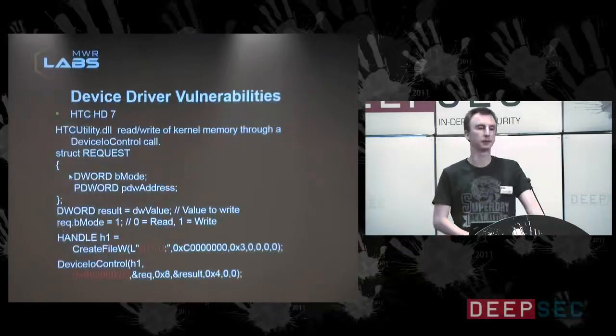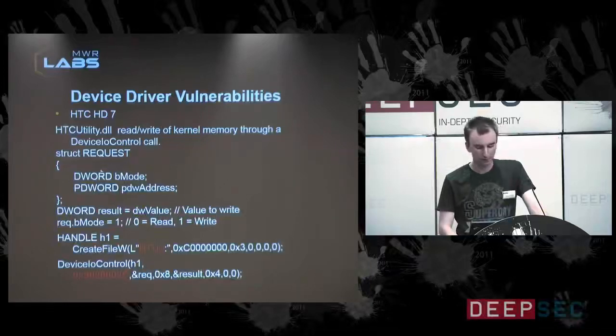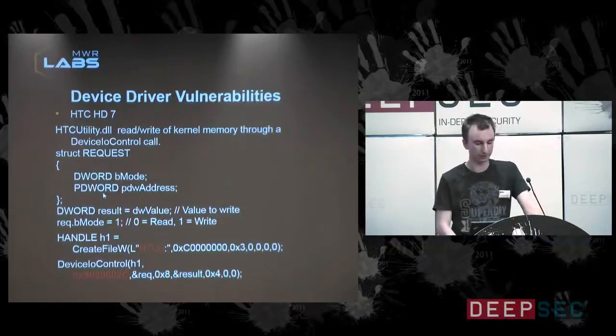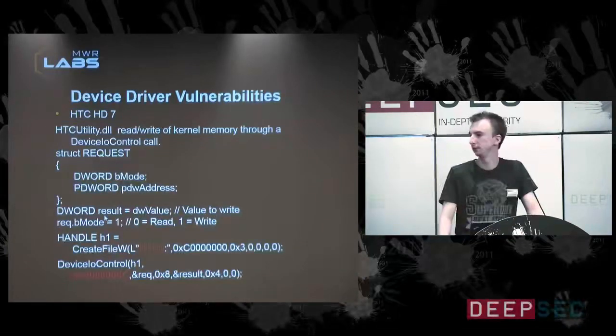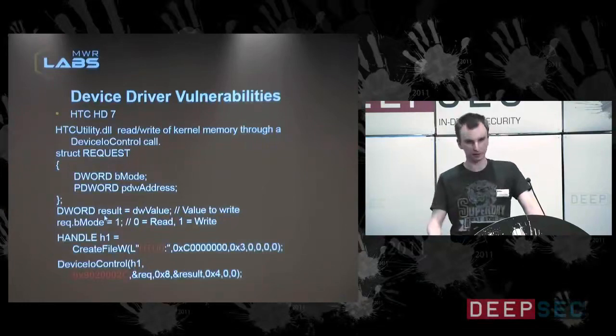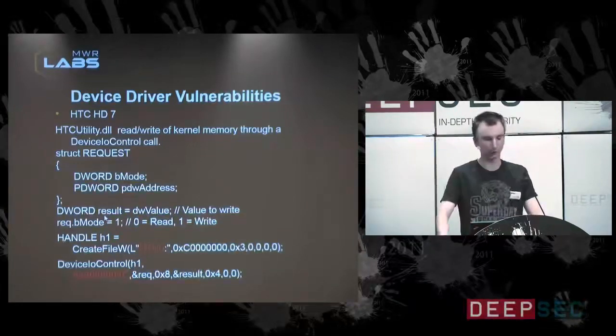So I started examining the device drivers which were implemented on my HD7 phone. Turns out that Samsung had implemented a device driver which gives you arbitrary read and arbitrary write access to the entire memory space of a process. That includes the kernel memory space as well. So you remember the trusted computing base is in the kernel.